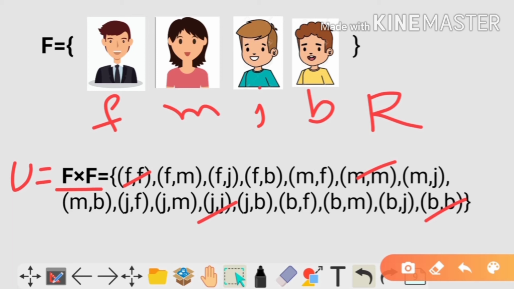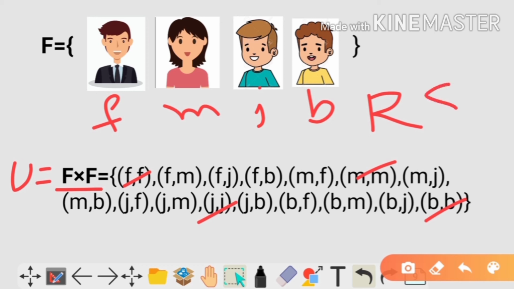It's clear. Now if we talk about the symmetric and transitive properties, it is a universal relation, so it contains all the elements of the Cartesian product. Okay. You won't find any point in F cross F which violates the symmetry or the transitivity of the relation.